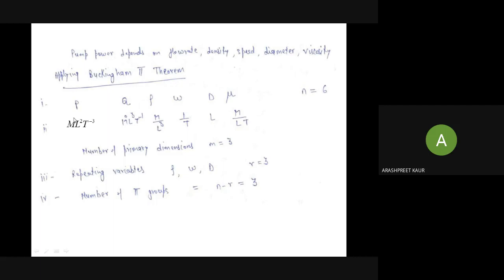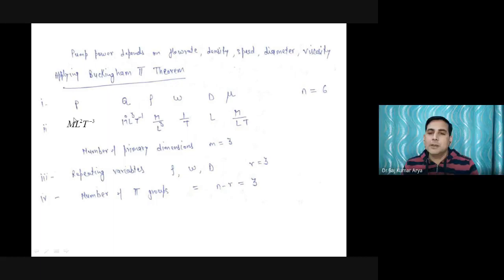Sir, can we take the temperature also as a parameter? You can take temperature also, but as I told you, if you are flowing a fluid at constant temperature, isothermal flow, then temperature will not create a problem. If you want to take it, you can. But most of the time in case of flow, we talk about isothermal flow, so it's not a concern for us.